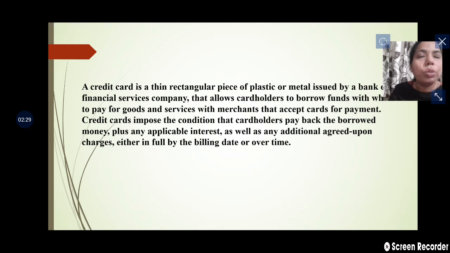It's a kind of short-term loan which is granted to the individual for making purchases or for the withdrawal of money. A certain amount of limit is fixed, which is called the credit limit, which is issued to the credit card holder.